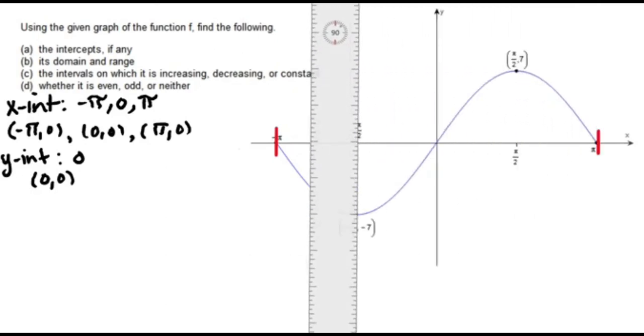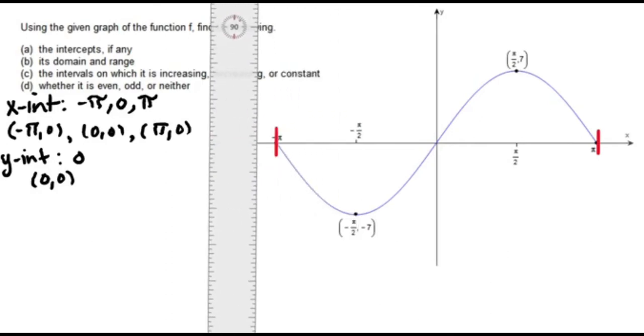Then you can use those values in interval notation. So the domain starts at -pi and ends at pi, and all the numbers in between are part of the domain, so we're using interval notation to mark that.